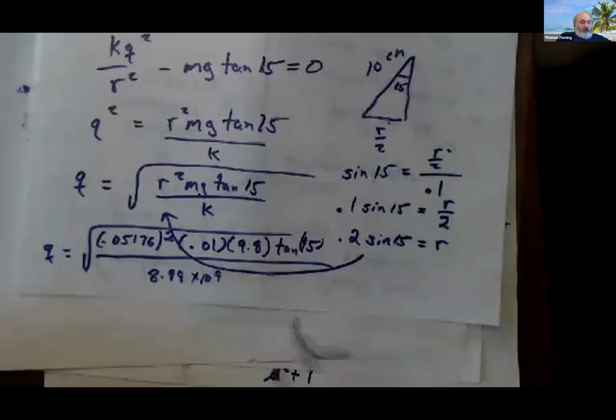So we're going to crunch a bunch of numbers here. So r squared, not square rooted.